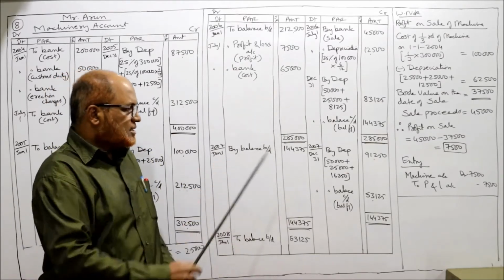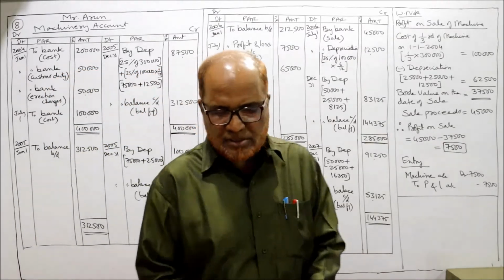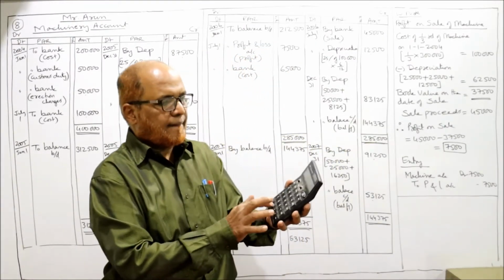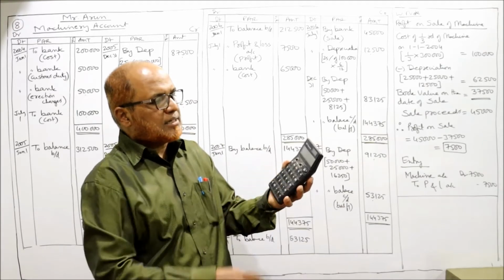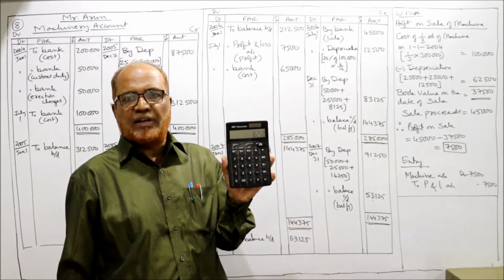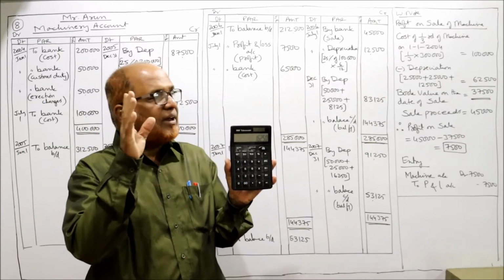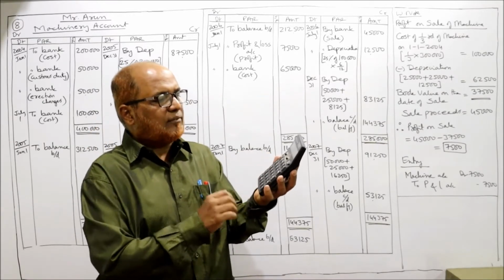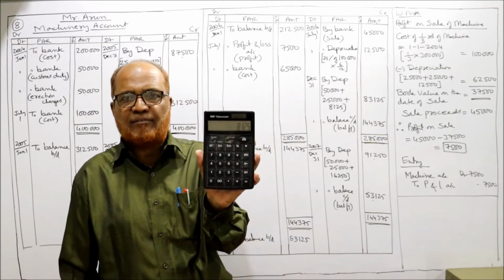So first of all, 65,000 into 25%, you are getting 16,250. 16,250 is for 1 year, but we have to calculate for 6 months. So into 6 divided by 12, you are getting 8,125.